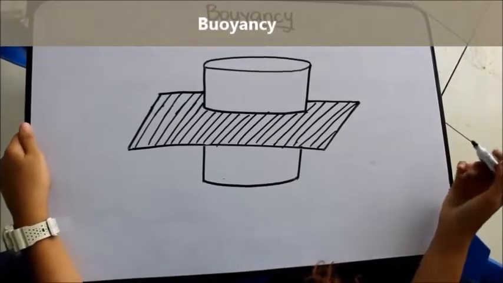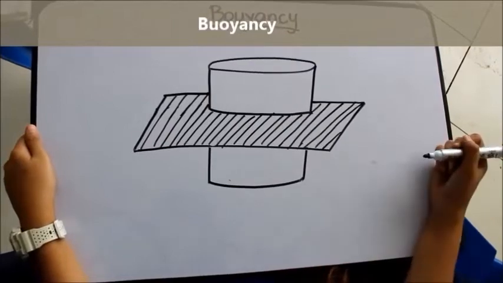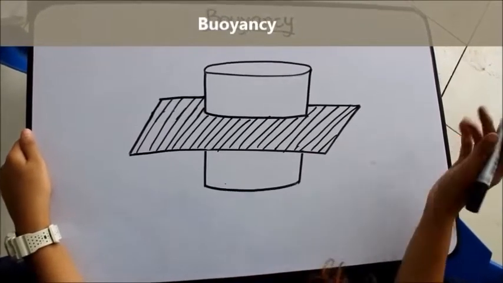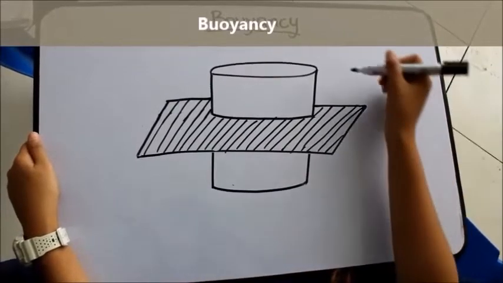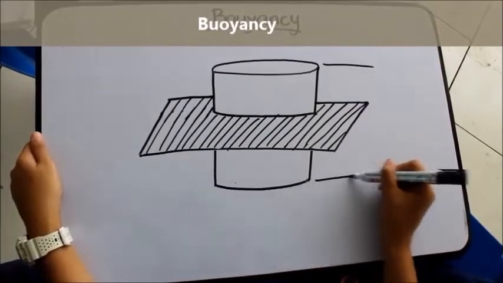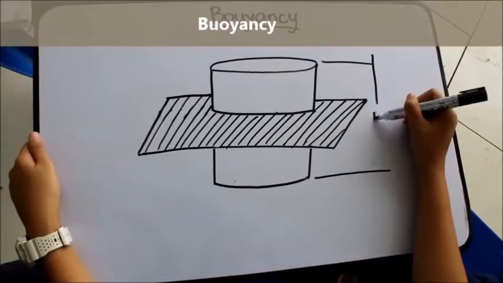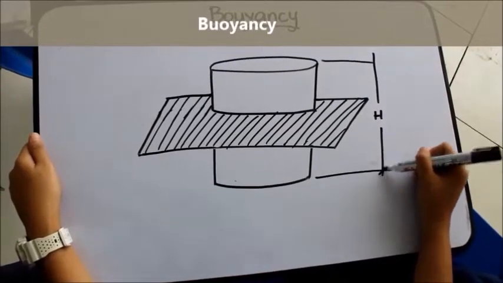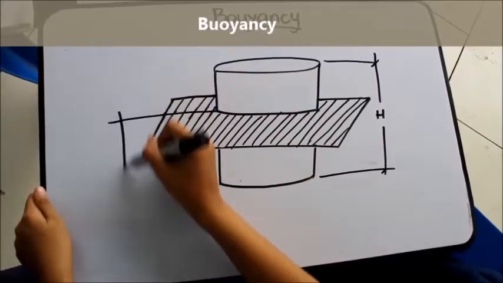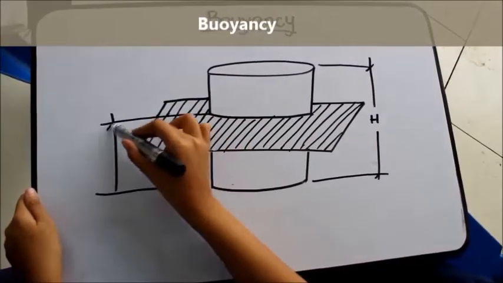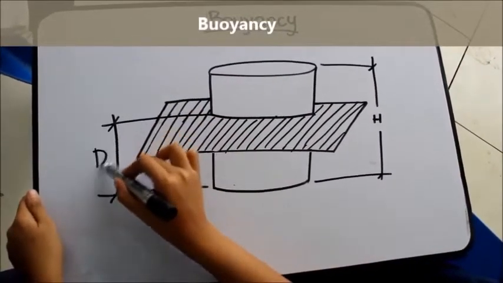If the body of height has a constant horizontal cross-sectional area, such as vertical cylinders, blocks, etc., then this is the height. And from here, this is the distance.